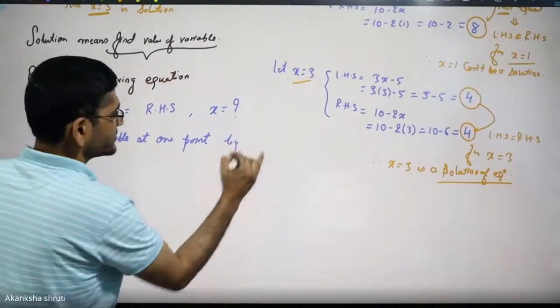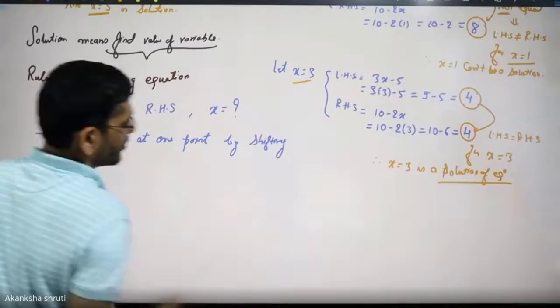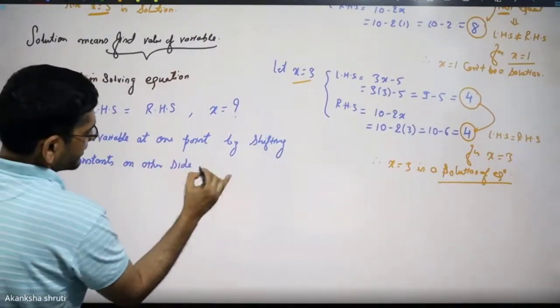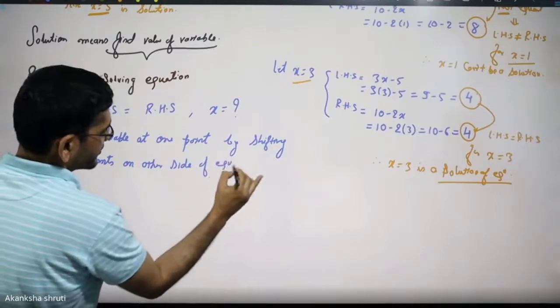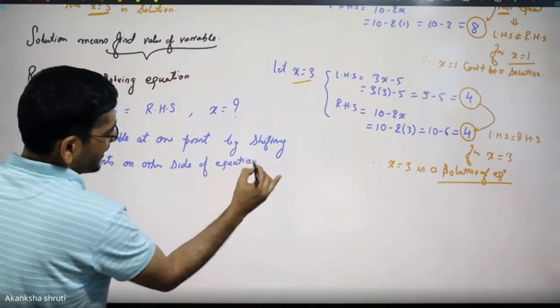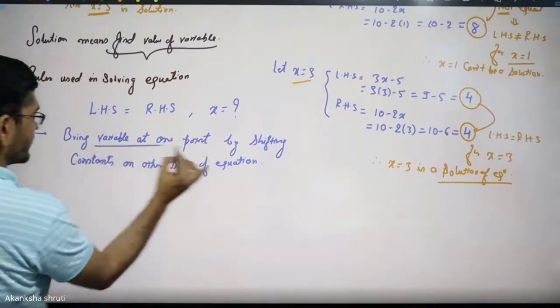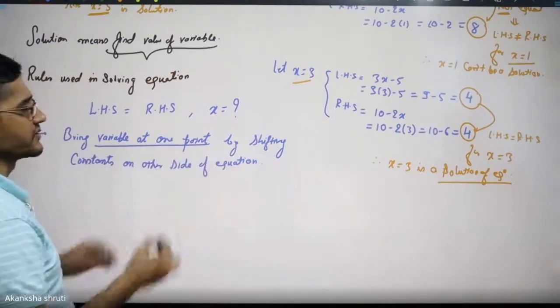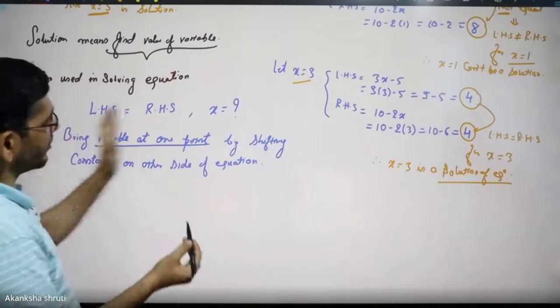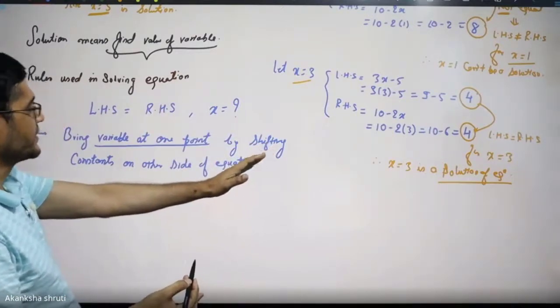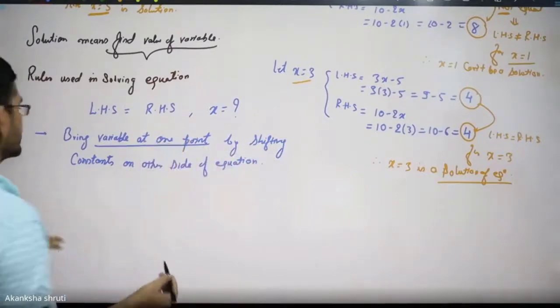So the rule is that simple. Whatever variable we get at only one point, and sending all the constants to the right hand side or the other side, that will give the value of this variable.